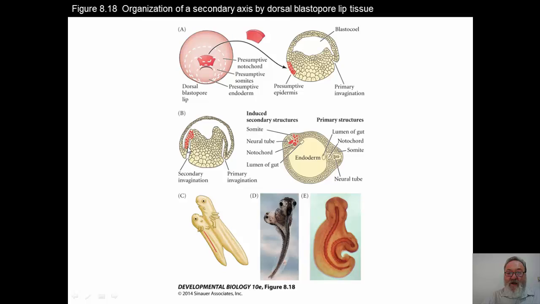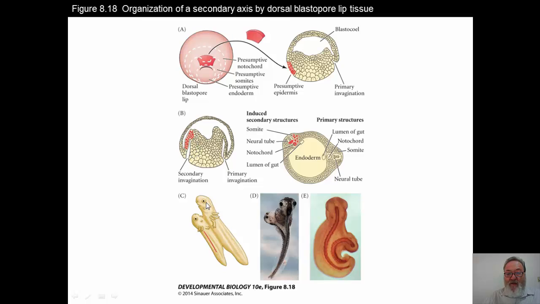You got an archenteron forming, not only the original one from the dorsal lip of the blastopore, but now you basically had a new dorsal lip of a blastopore that had formed an archenteron, and it would continue to develop, forming neural tubes, somites, notochords, all of the tissues associated with another embryo. And it had come from the dorsal lip of the blastopore of another species, actually.